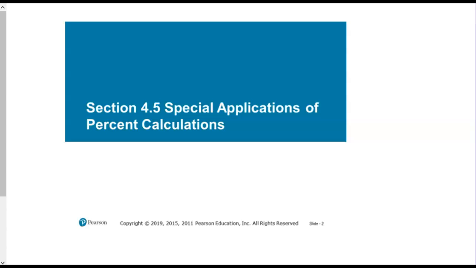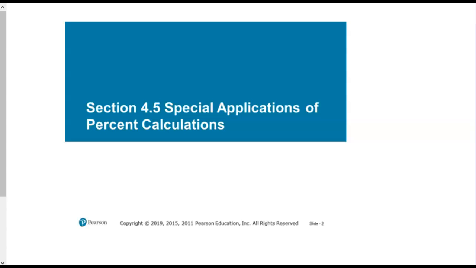And I think what I really want to point out the most is that in 4.5.A, we really looked at problems in applications involving percentages that we could solve by translating.